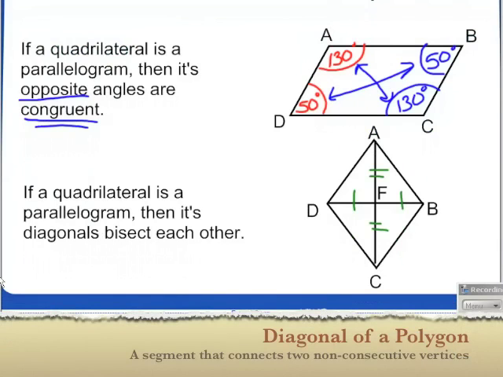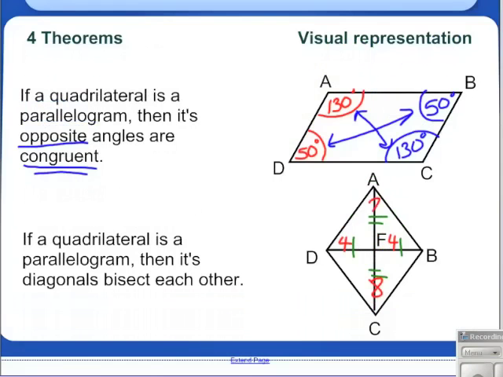So if we give them some values, if segment DF is 4 centimeters, we know FB is also 4 centimeters. If FC is 8, we know AF is also 8, because they are congruent to each other because they both bisect. All right, let's practice these theorems.